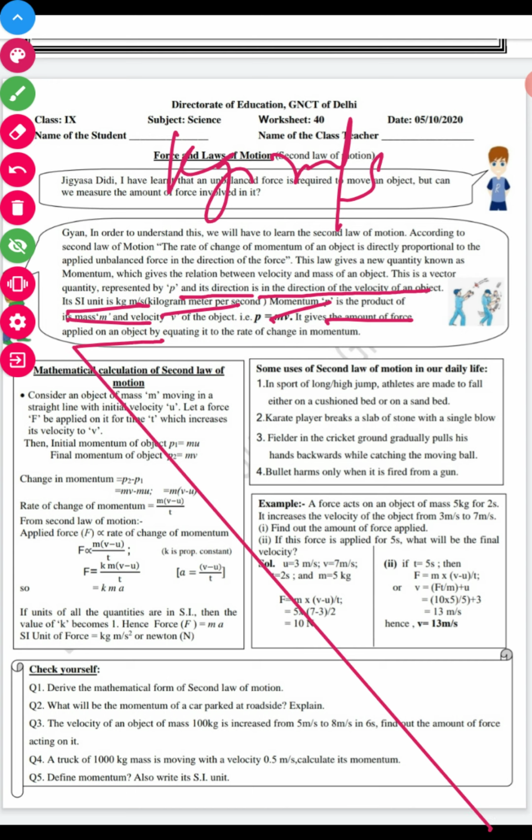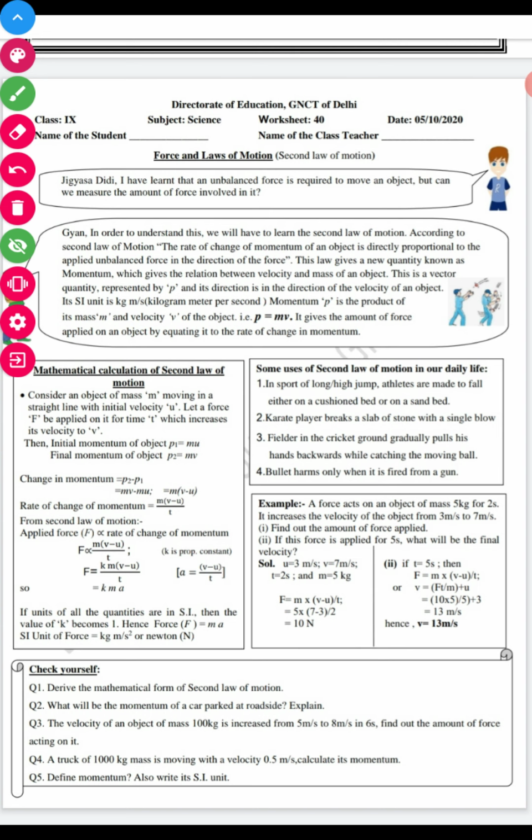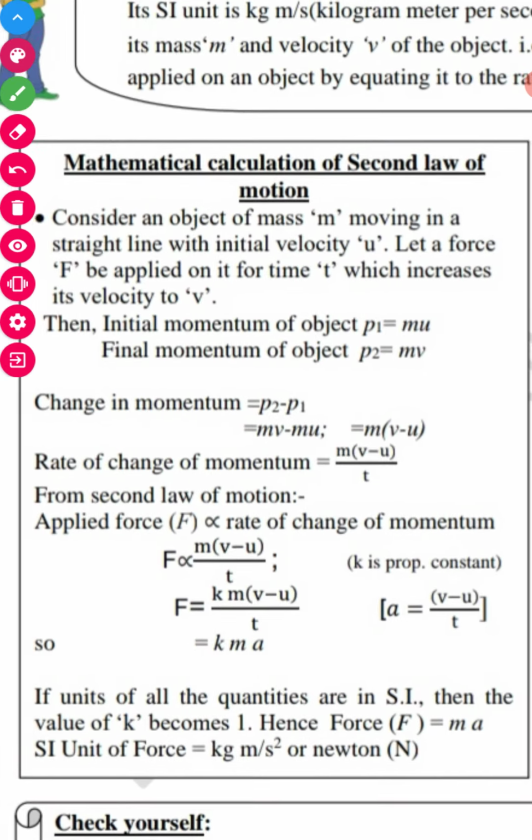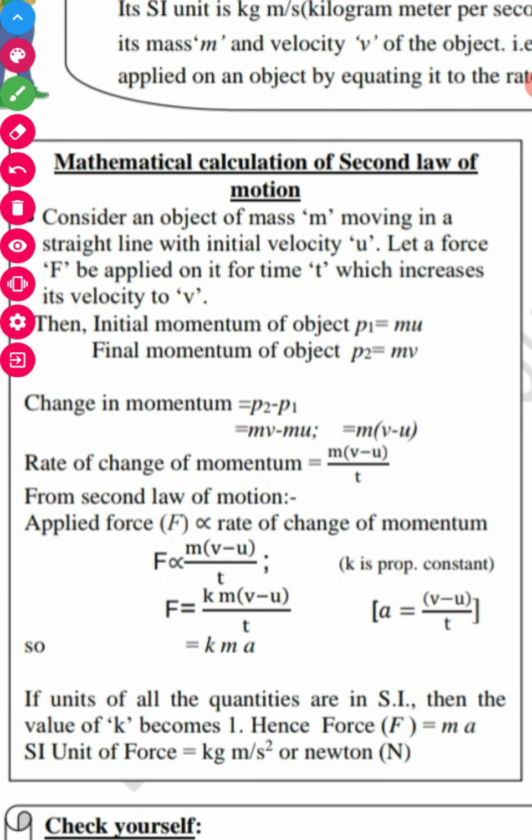So the amount of force applied to an object is found by equating the rate of change of momentum. The mathematical expression of the second law you can easily derive by taking the mass of a moving object as m in a straight line with initial velocity u, final velocity v.